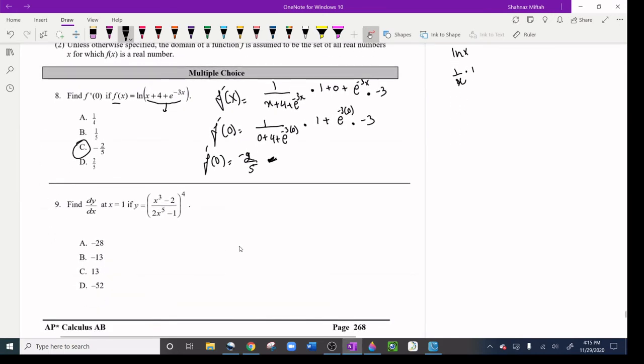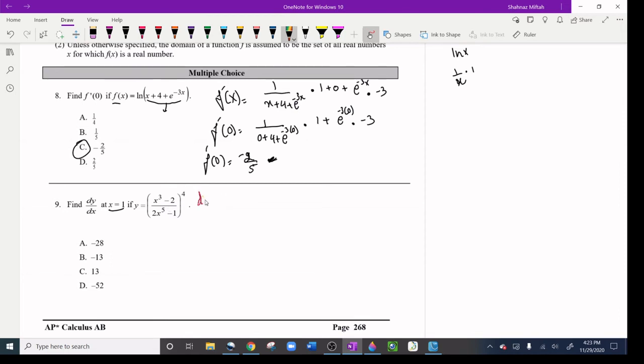Question number 9. The question is asking to find dy/dx. For question number 9, we have something to the power 4. So that's a chain rule, and inside is a quotient rule, but overall the question has a chain rule. So let's apply the chain rule first. This is outside and that's inside.